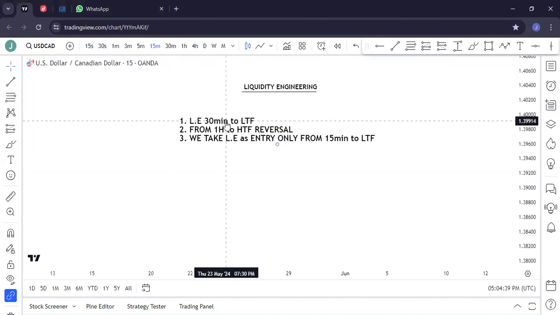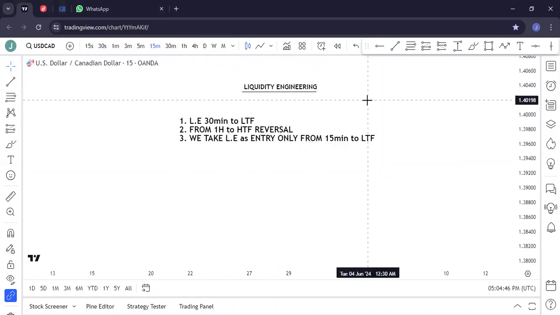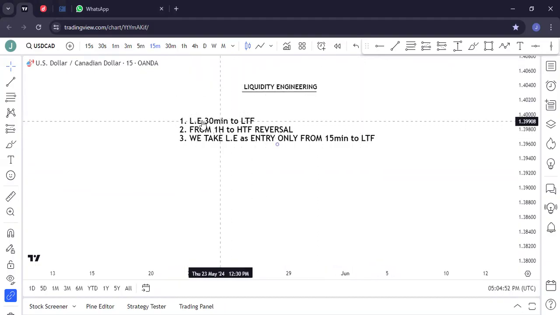And this point, I'm going to explain more when we are in the topic of time frame coordination, so that you can understand more. But from now, just keep it in mind that we call it liquidity engineering from 30 minutes to lower time frames.